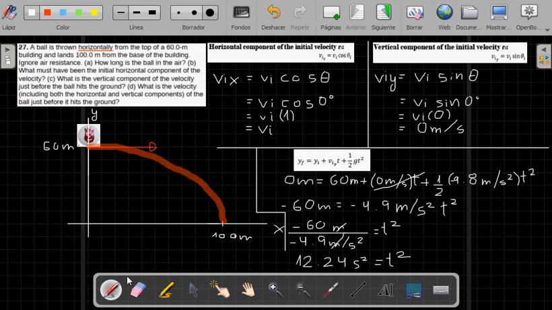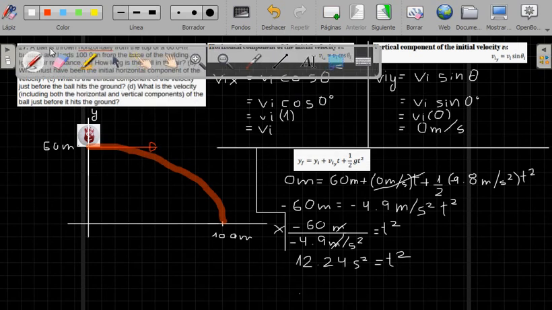I ran out of space here, so I will move these right here. And to isolate the t, I must send that square to the other side as a square root. The square root of 12.24 squared seconds.